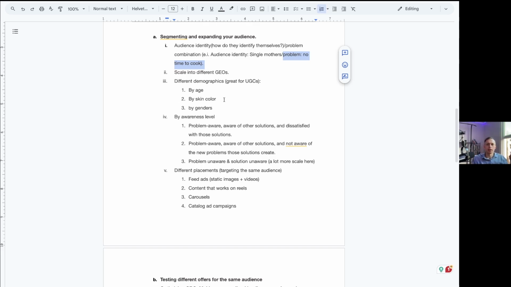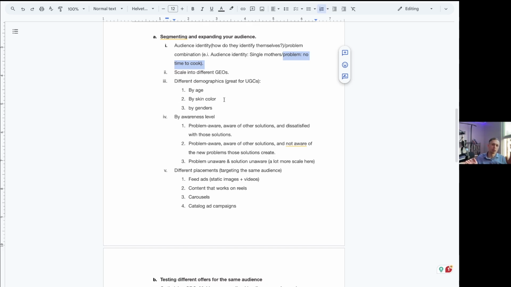Or ethnicity, like ethnically ambiguous people, for example, so that they can appeal to a broad spectrum of audience.